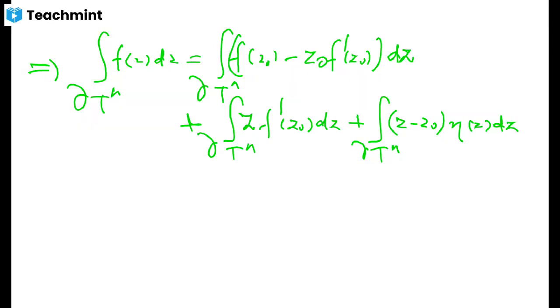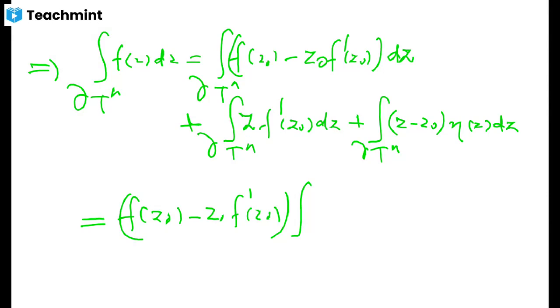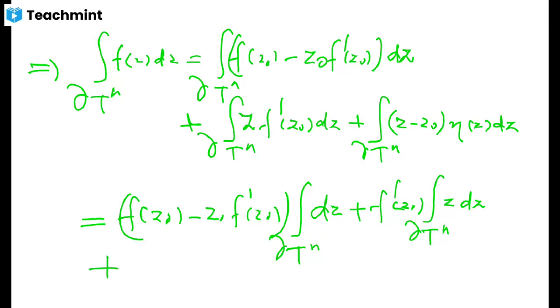Now I can further simplify it. In the first integral, I have the integrand as a constant part, so I can bring it out: f of z naught minus z naught f prime z naught, you take it out and you just integrate over the boundary of Tn dz. And in the second integral also, you can take out this derivative of f at z naught. This is a constant quantity. You will have the integral over the boundary of Tn of z dz plus the integral over the boundary of Tn of z minus z naught times eta of z dz.